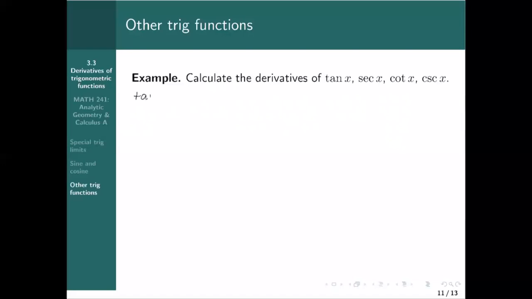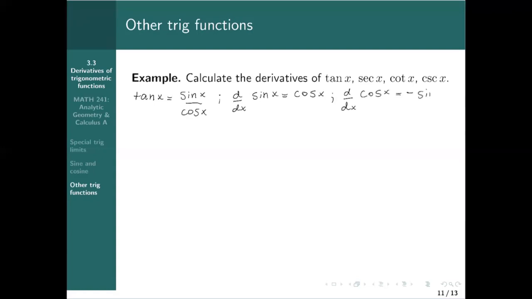Well, tangent of x is equal to sine of x over cosine of x. We also know that the derivative of sine of x is equal to cosine of x, and the derivative of cosine of x is equal to minus sine of x.